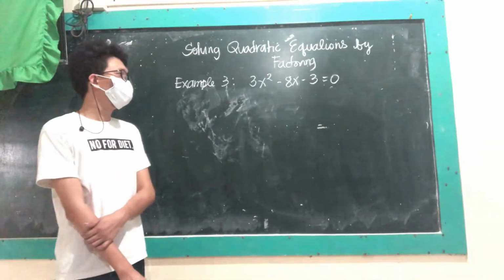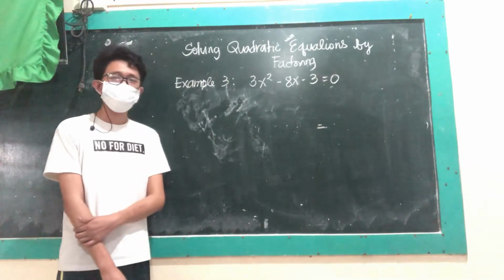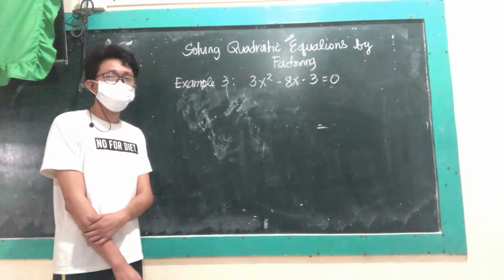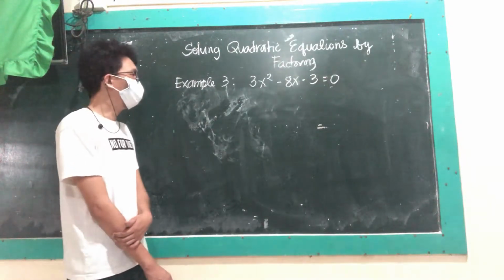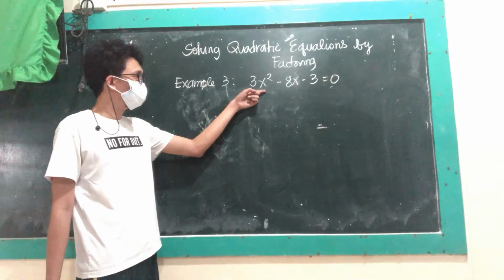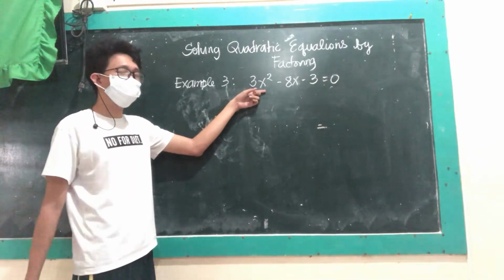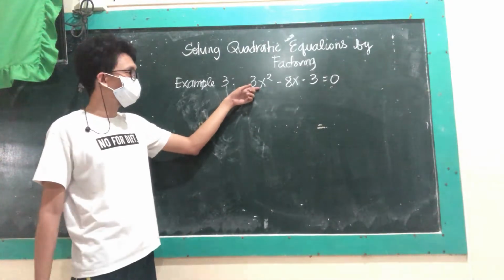So we have example number 3: 3x squared minus 8x minus 3 is equal to 0. In our case here, the numerical coefficient of the quadratic term is not equal to 1. In this case, we have 3.